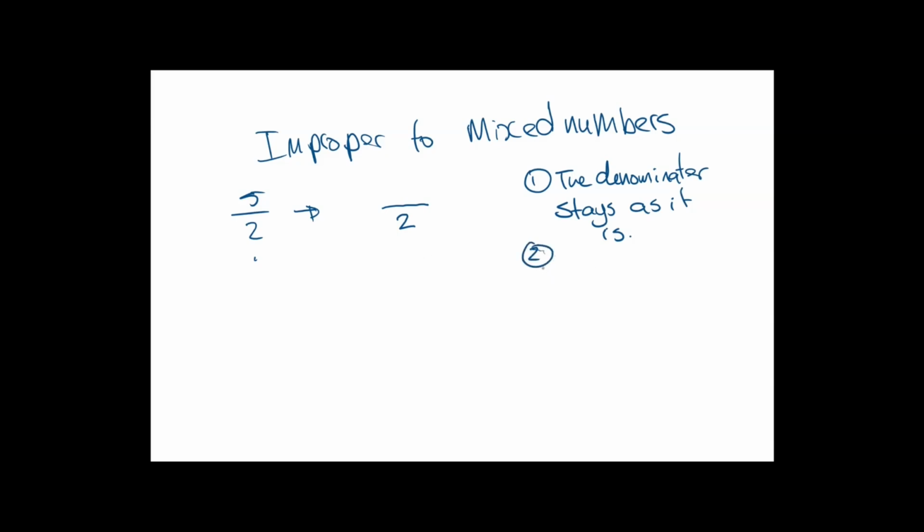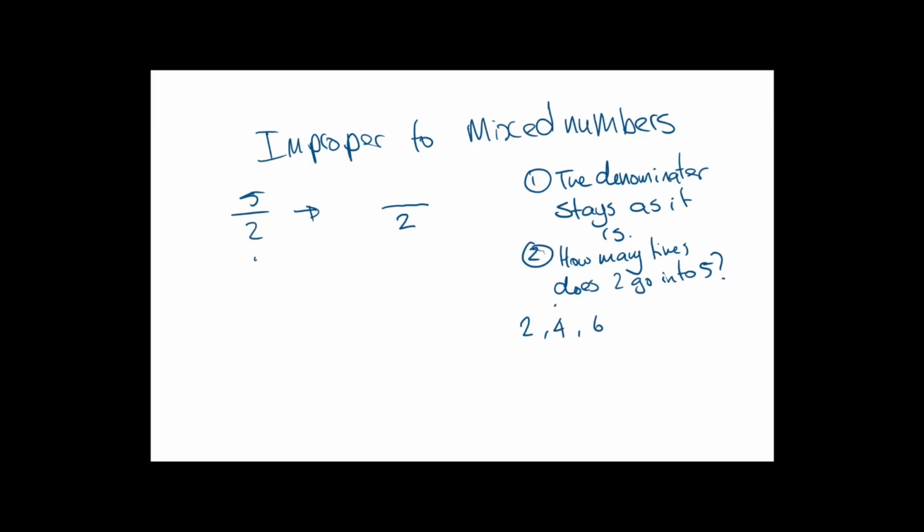is we want to find out how many times 2 goes into 5, or whatever the different numbers are. And in this case, if it goes in once, it's 2. If it goes in twice, it's 4. If it goes in 3 times, though, it would be 6.